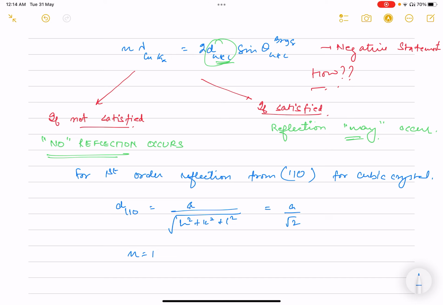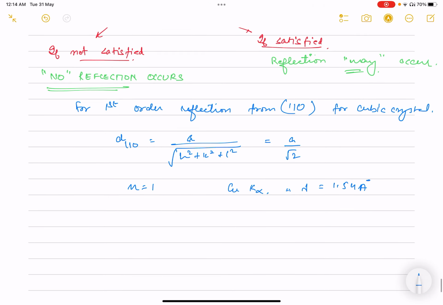If we use copper K alpha radiations, lambda will be 1.54 angstrom. So, n lambda is equals to 2d sine theta. This is 1 into 1.54 into 10 to the power minus 10 is equals to 2 into a by root 2 sine theta.